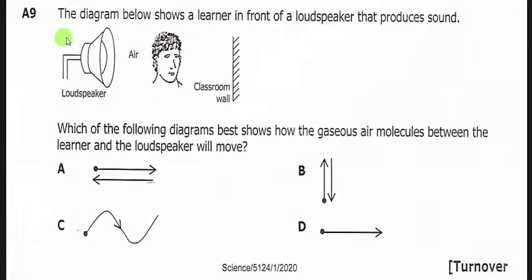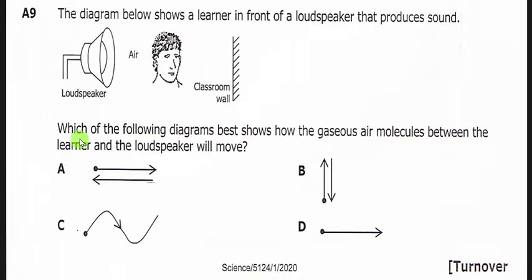So 9 says the diagram below shows a learner in front of a loudspeaker that produces sound. So the learner is in front of this loudspeaker producing sound. This is the classroom wall here.